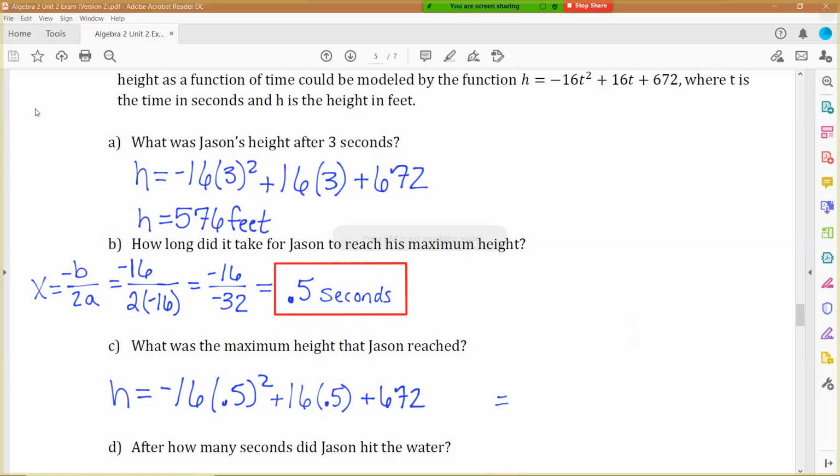So when we type that in our calculator, we should get 676 feet. So Jason's maximum height is 676 feet.